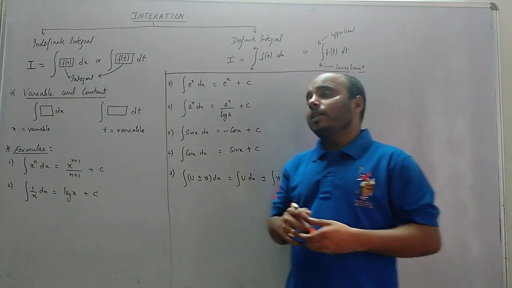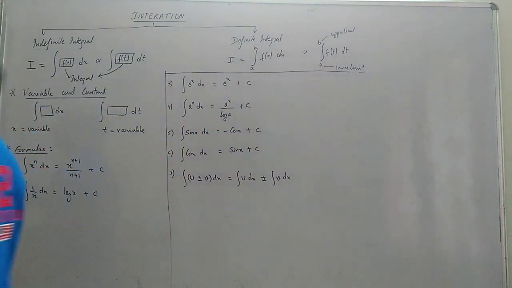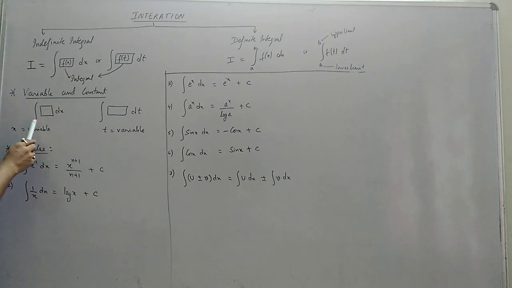Now, like when we need to differentiate, we should be very clear about variable and constant. Similarly here also it should be crystal clear. So the next topic is variable and constant. How to understand in an integration which is a variable and which is a constant. See, if it's written like this, integration of something dx. If dx is written, that means x is the variable.